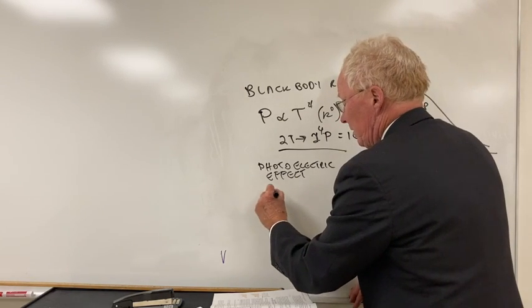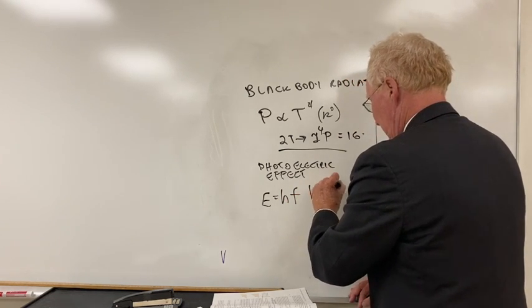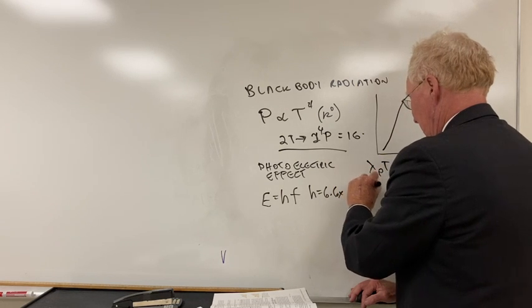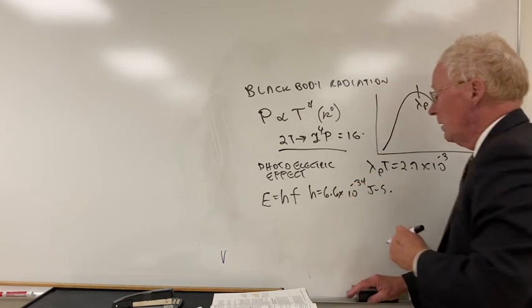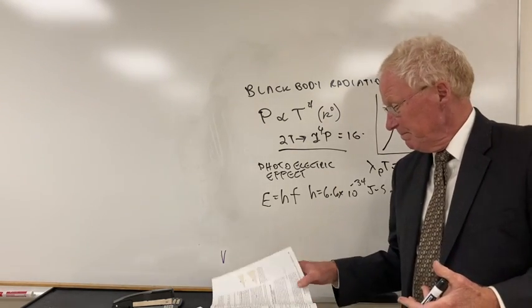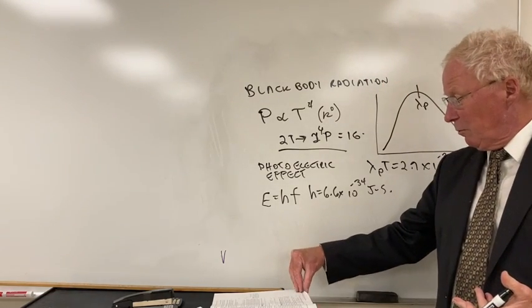Again, E equals h times f, where h is Planck's constant, 6.6 times 10 to the minus 34 joule seconds. So we talked about that already. And light is in photons, so we've been through all that.